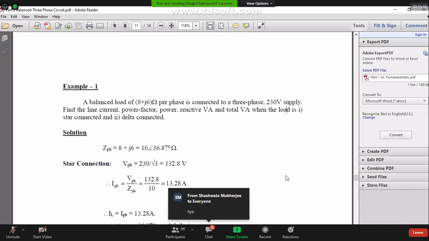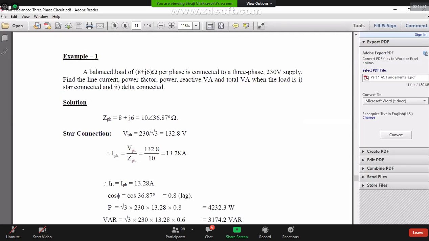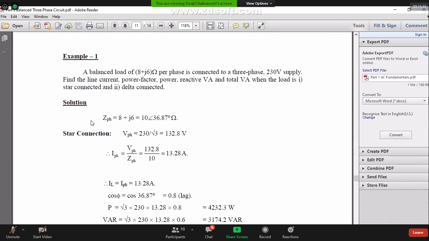So I go to the end of it. As I said, don't bother, you will get the notes. So look at that problem. First I request all of you, you see example 1, then 3 lines. This is the problem. Just read it once. I am giving you 30 seconds. Read it once. Then I will explain.